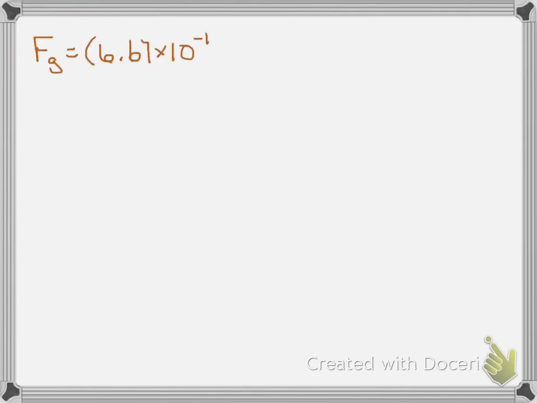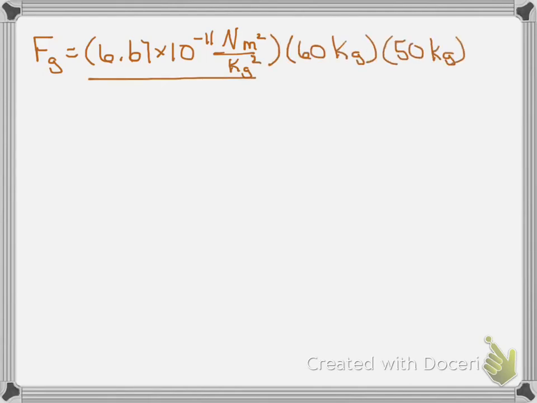So let's put in all those numbers and see what we get for an answer. Now first let's look at the units. The universal gravitational constant G is 6.67 times 10 to the negative 11th Newton meters squared over kilograms squared.